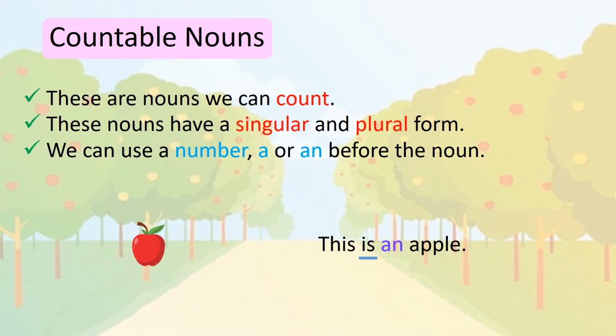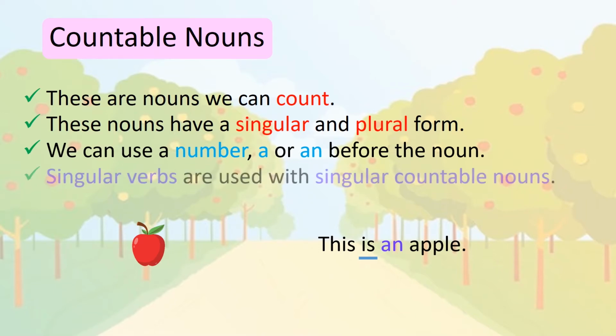As you can see from the sentence, the singular verb is has been used. This is another rule of countable nouns. Singular verbs are used with singular countable nouns. On the other hand, when we are describing plural countable nouns, we don't use a or an before the noun.